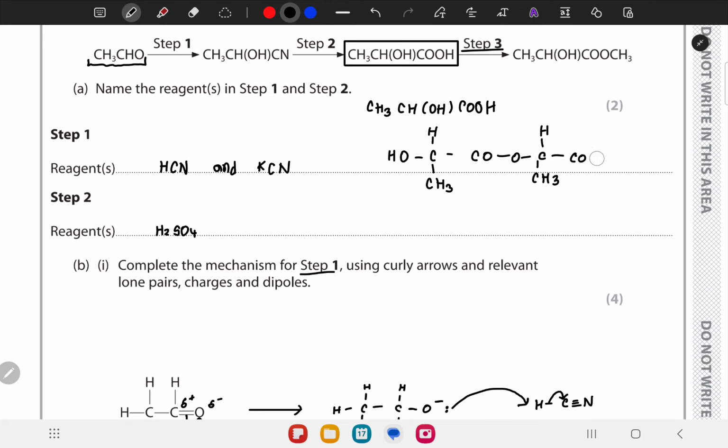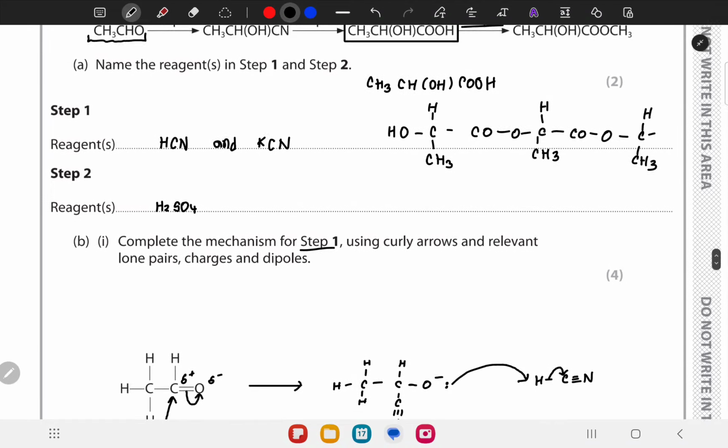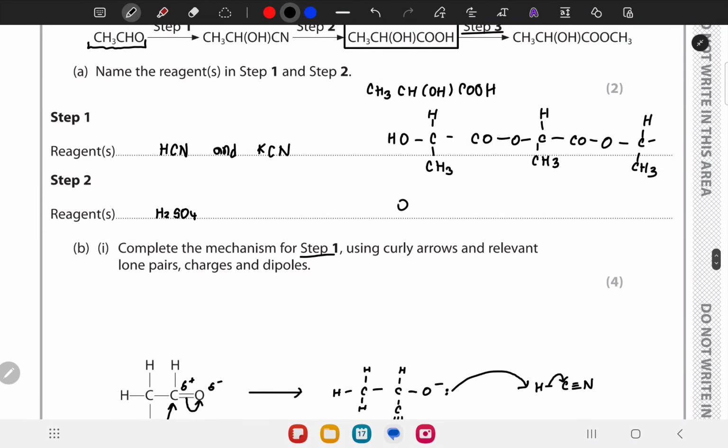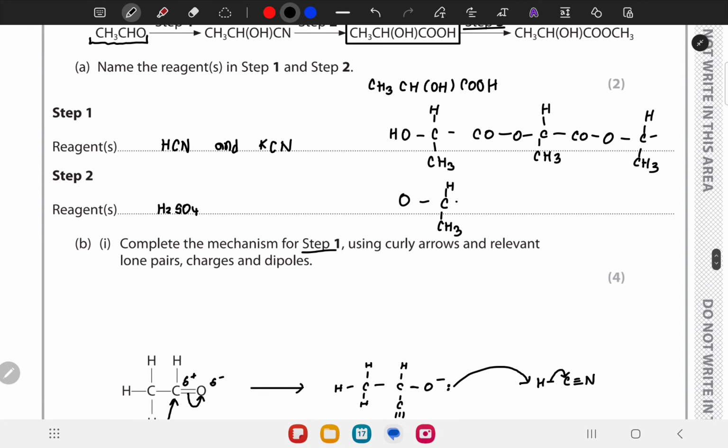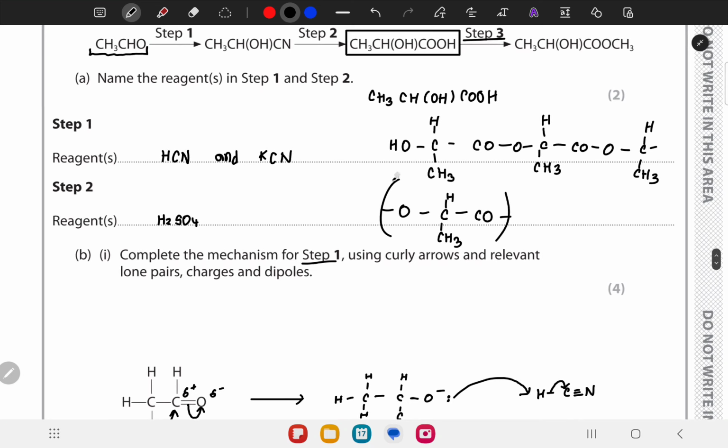So OH from this would go away, and we would have another OCH. This is the polymer we'll have, so the repeat unit would be OCHCH3CO. This is the repeat unit.